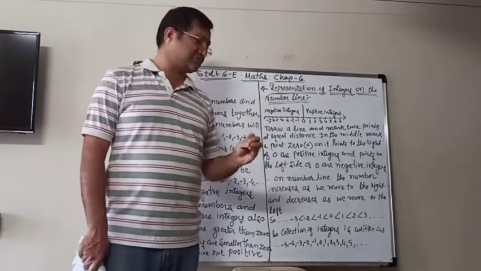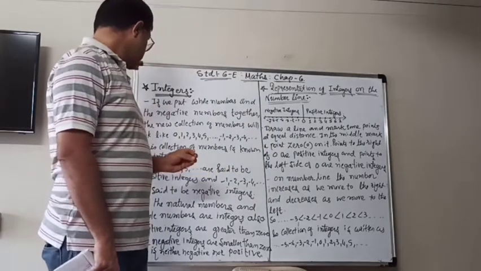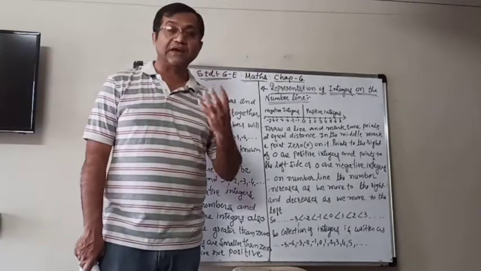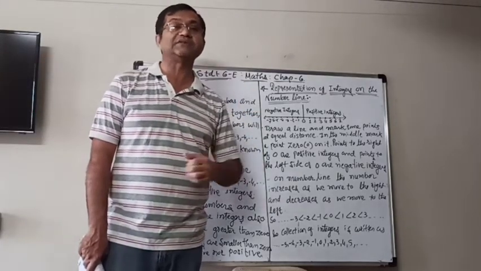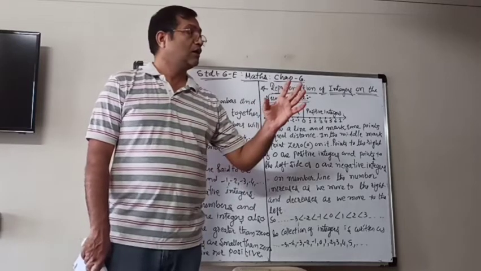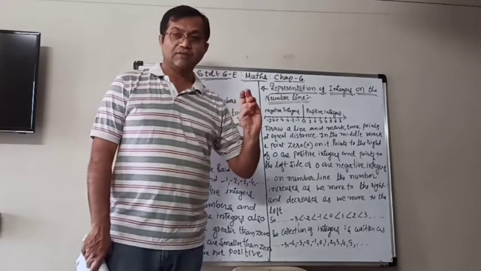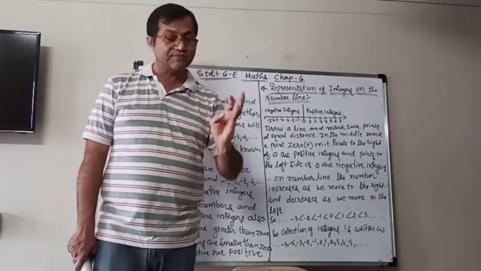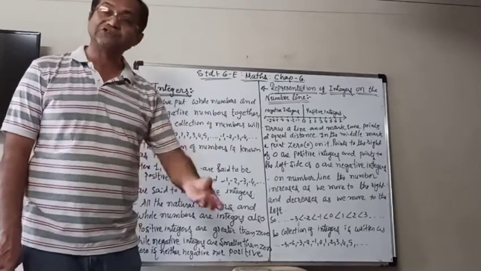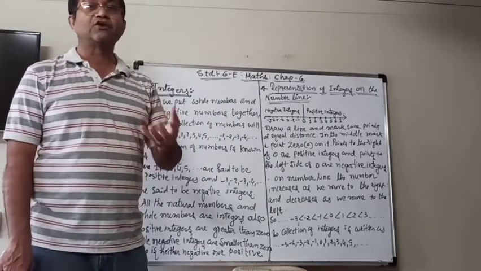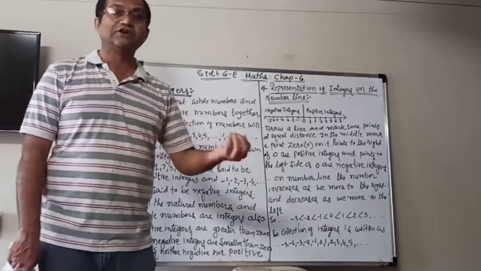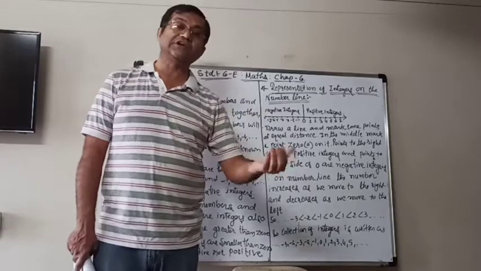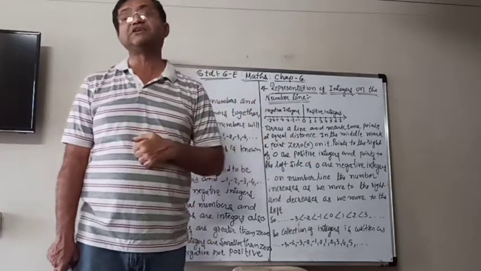All the positive integers are greater than 0, and the negative integers are smaller than 0. It means the natural numbers are also integers, known as positive integers. 0 is also included, because all whole numbers are included in the set of integers.